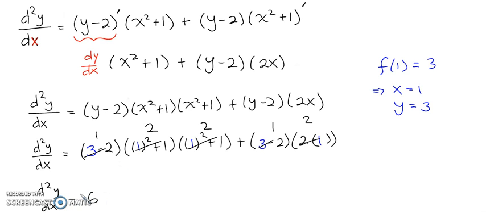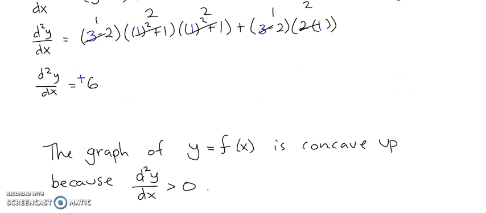Make sure that you include that in your explanation. Just stating that the graph of y equals f of x is concave up because the second derivative d squared y over dx squared is greater than 0 will be fine. That'll give you the full credit. And that's it.